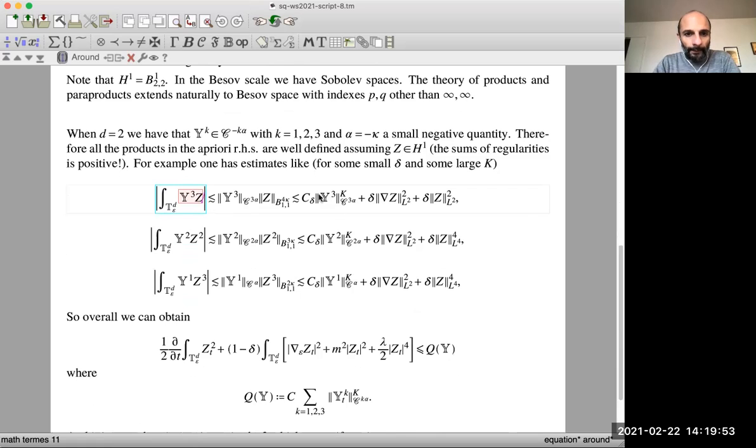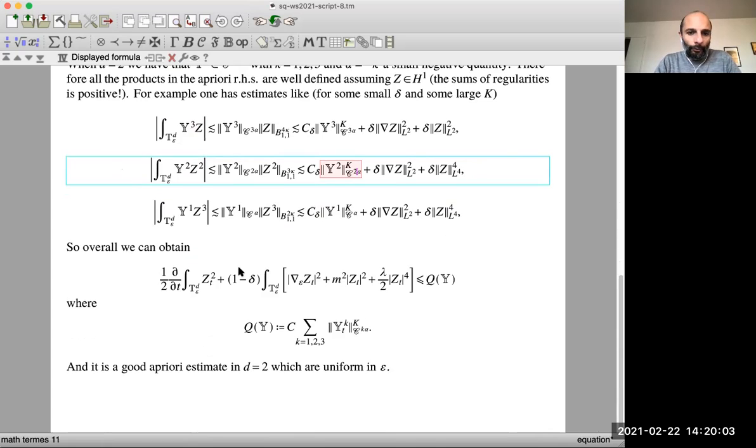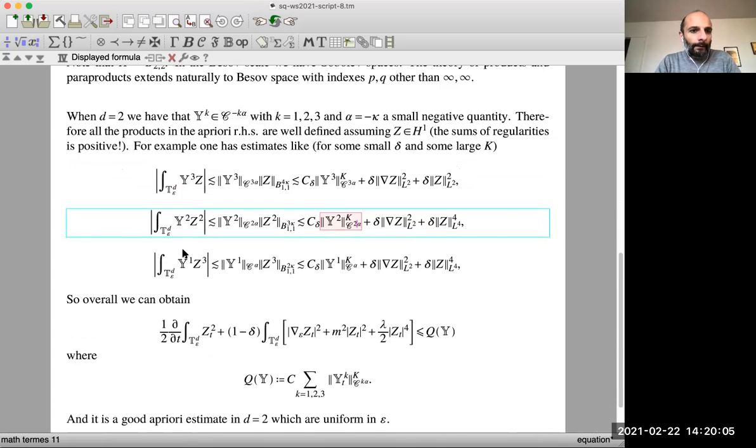And the key point is that the quantities you have here are really the quantities I claim to exist. These objects converge in these spaces, so these norms are actually finite. And then you get, so this is overall.